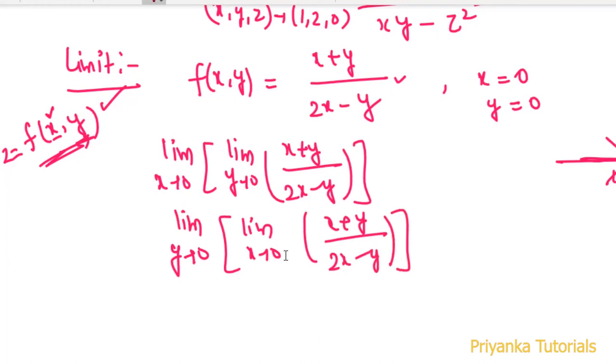What is the difference between these? The difference is what I have said right now, that one time one variable. That means first I am using the y variable, x I have treated as constant. First I will calculate this value, then whatever function I obtain, I will work on x.